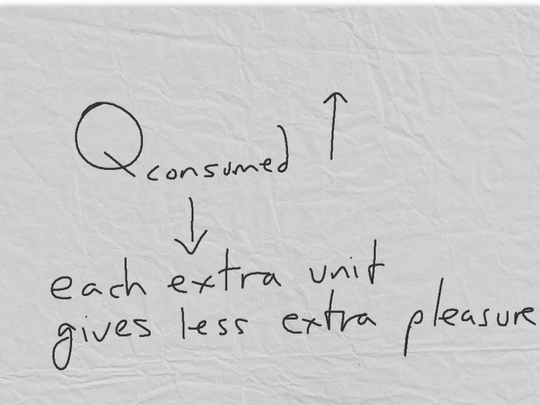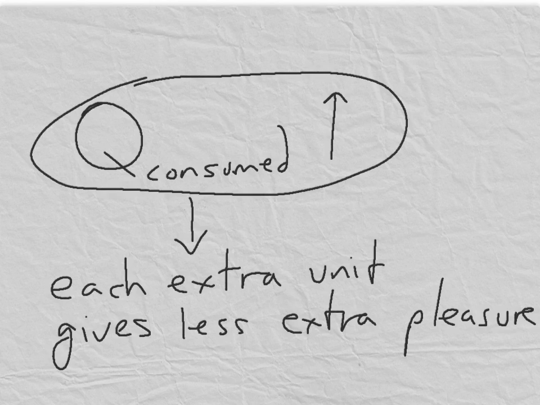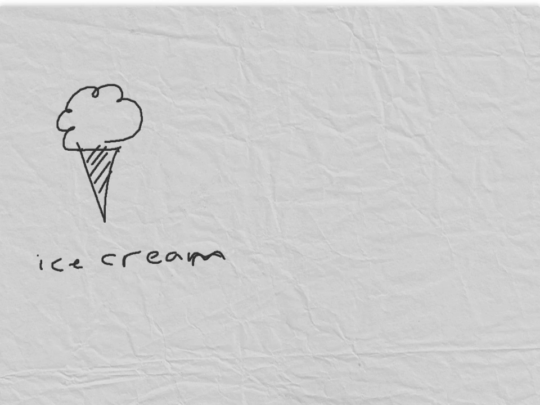We are saying that as we consume more of any product, as the quantity consumed goes up, each extra unit that we consume gives us less extra pleasure than the last one. So let's see how we can illustrate this using a familiar product, ice cream.